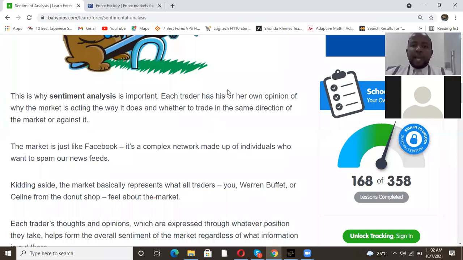Each trader has his or her own opinion of why the market is acting the way it is. You look at the market, someone thinks it's falling. You look at the market, someone thinks it's rising. Their opinion, according to what they're seeing, is what forms what we call sentiment. So it's just like Facebook, a complex network made up of individuals who want to spam our news feeds.